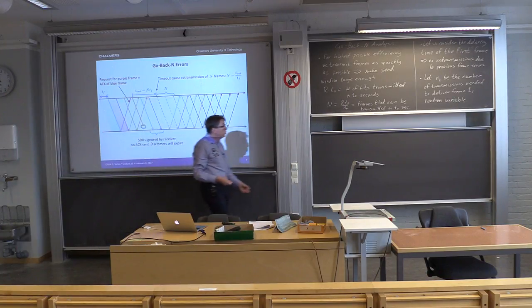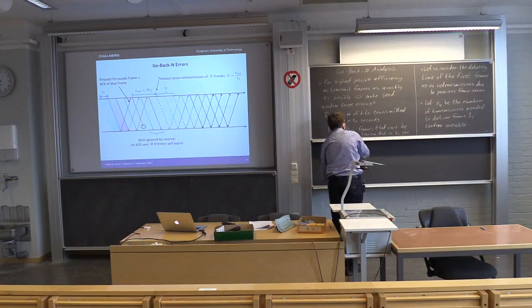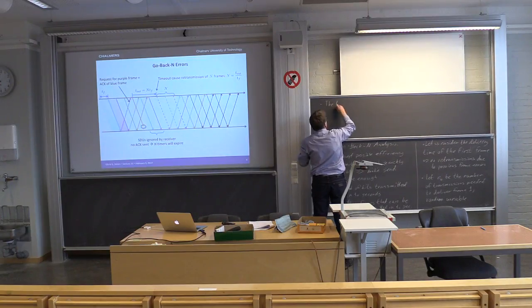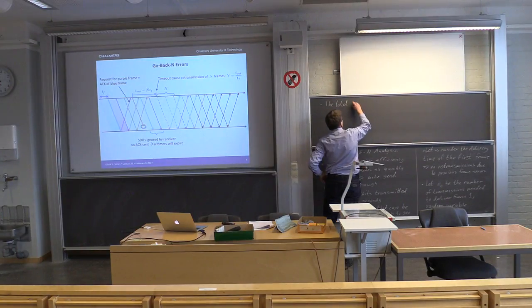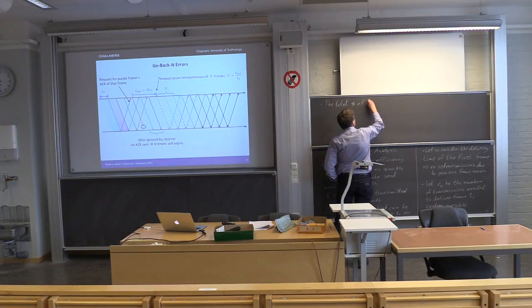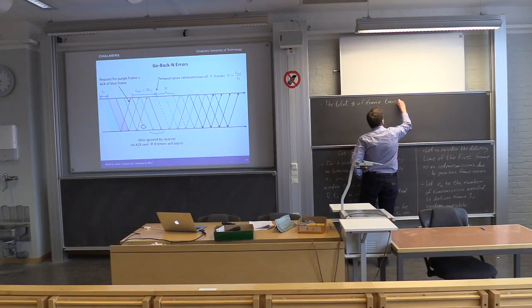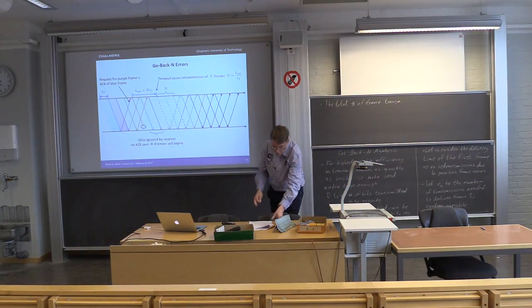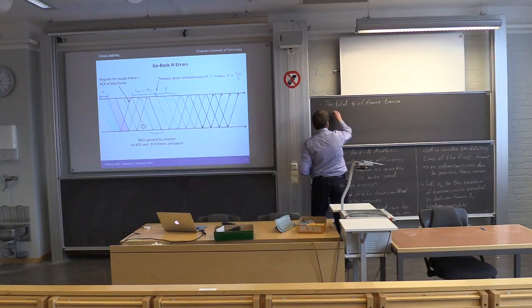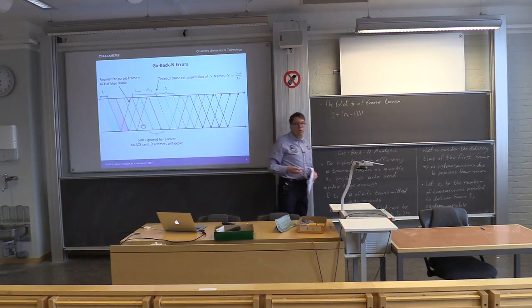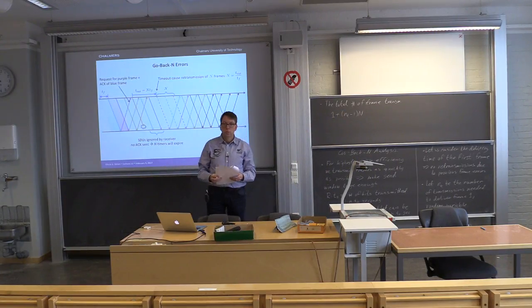Okay? So the total number of transmitted frames is 1, because that's the successful one, and then Nt minus 1, and these are all the retransmissions. And for each retransmission event, we need to transmit N frames.